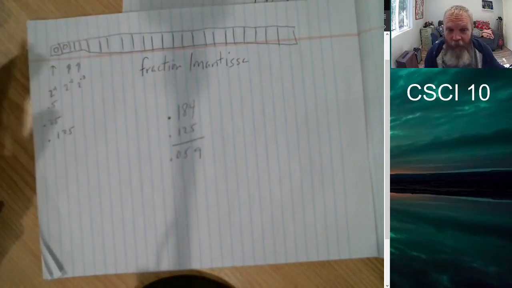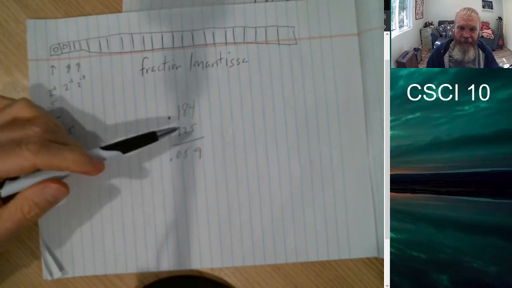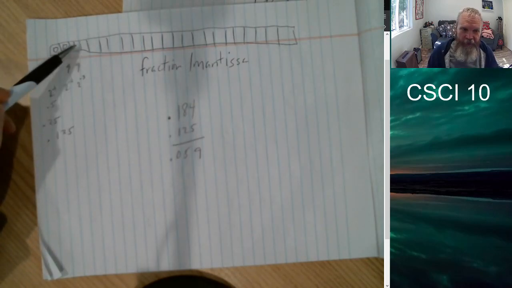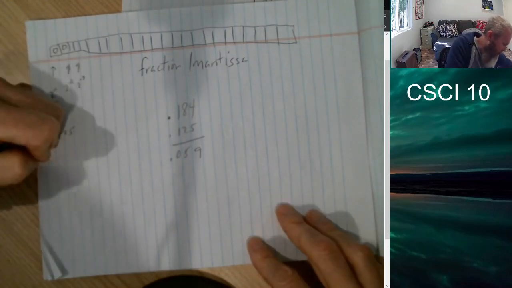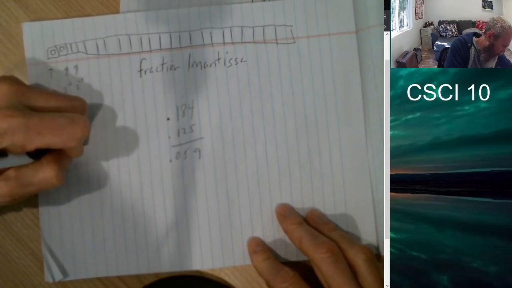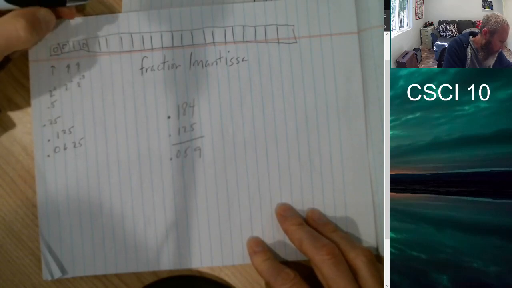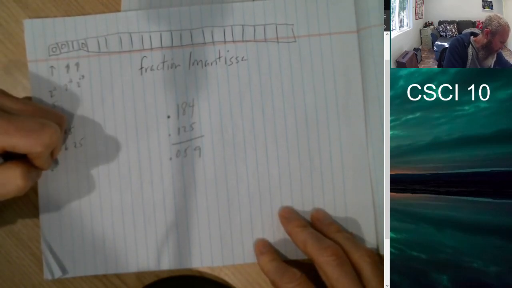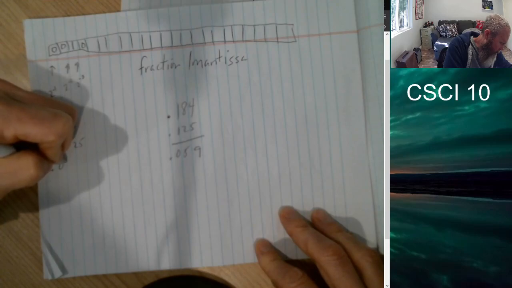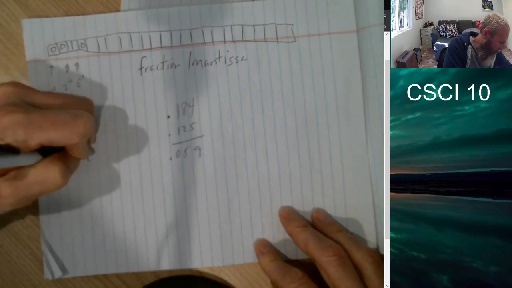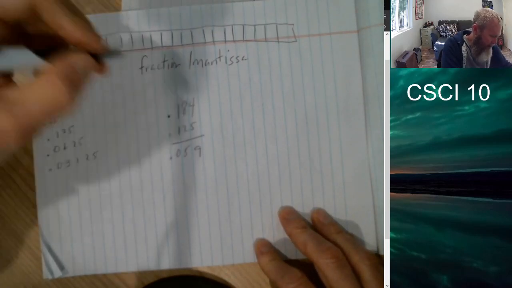I'll keep going for a while just to show you how miserable this is. So the computer is still going, so it puts a 1 there. The next one after that is 0.0625. That's too big. After that is 0.03125. That one we can take.